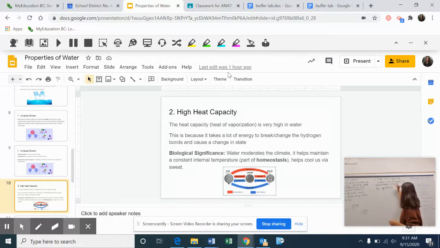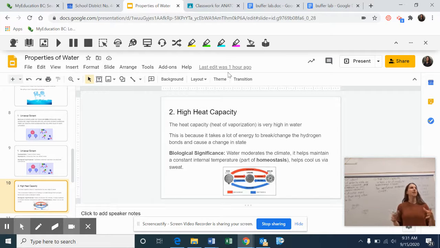Awesome. Okay, biological significance. So there's a few things. Moderates climate. And it helps us maintain homeostasis within our bodies.